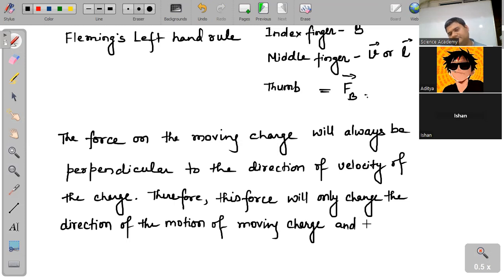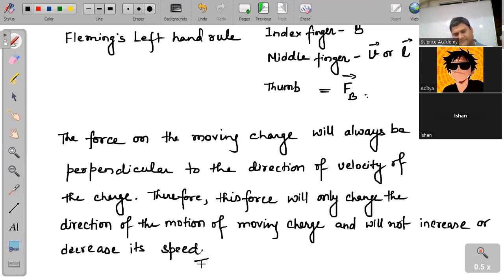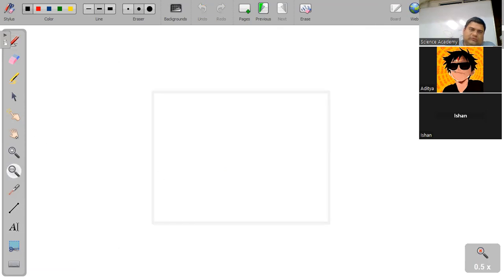and not increase or decrease its speed. And further, if everything is not perpendicular, that means B vector and velocity vectors are not perpendicular, then F_B will simply be equal to q v B sin theta.